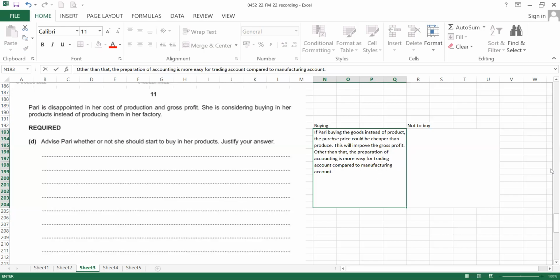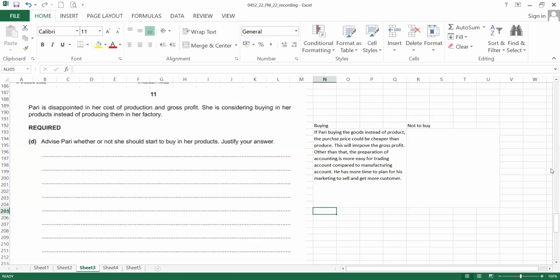Okay, because manufacturing account is more complicated. He has more time to plan for his marketing, to sell and get more customer. So this is the benefit when he buy.